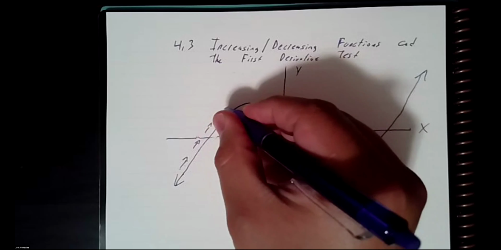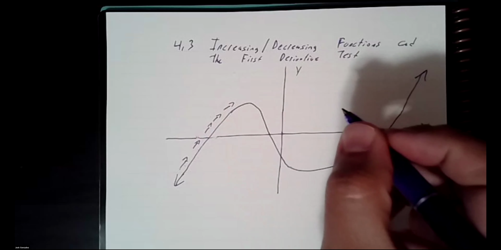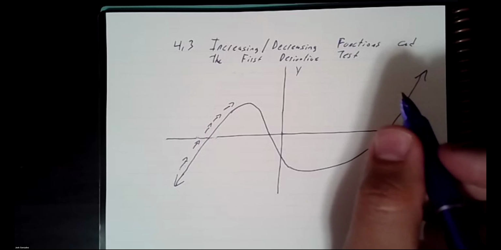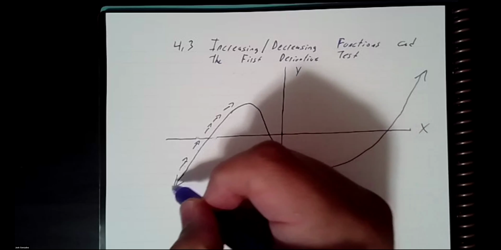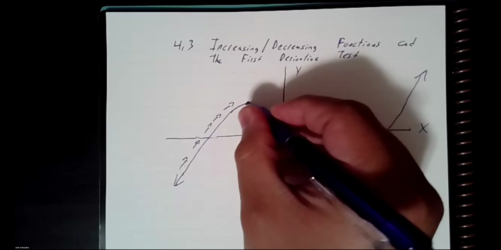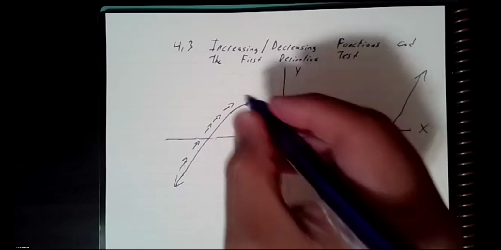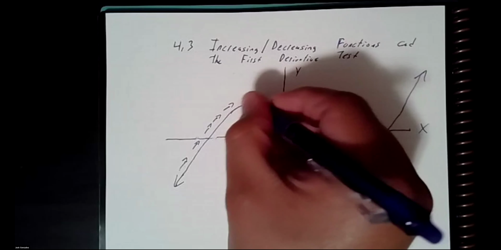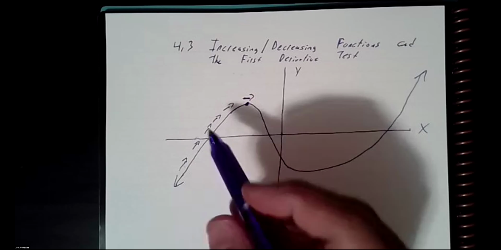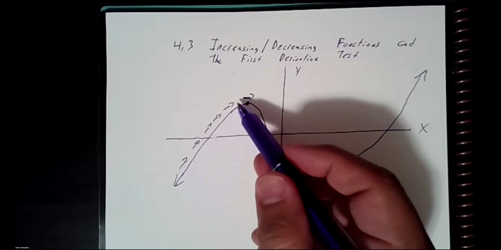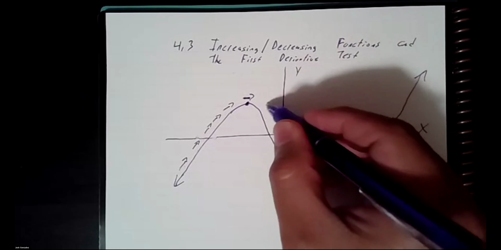which is also related to your derivative. Remember we said the slopes of the tangent line are positive when the function is increasing. So it's going to be increasing all the way until the maximum point, which is going to be a 0 derivative, right? Horizontal tangent. From here to here, we're increasing. And then right after, we're going down.